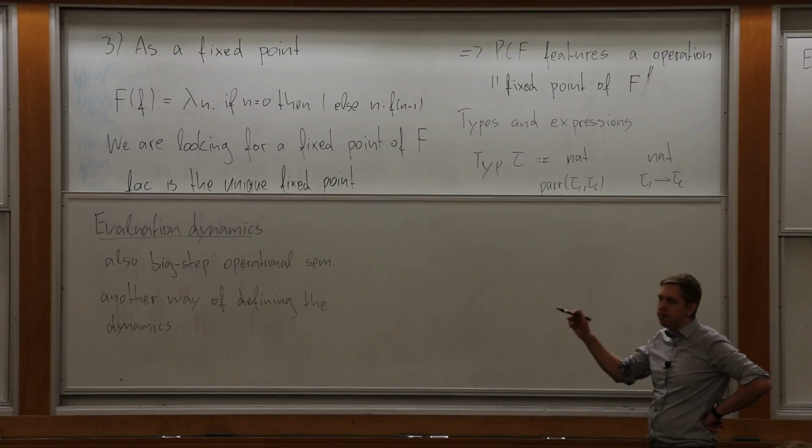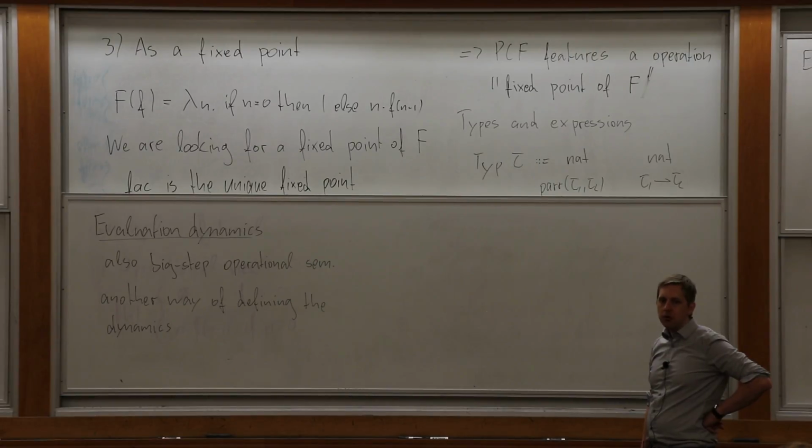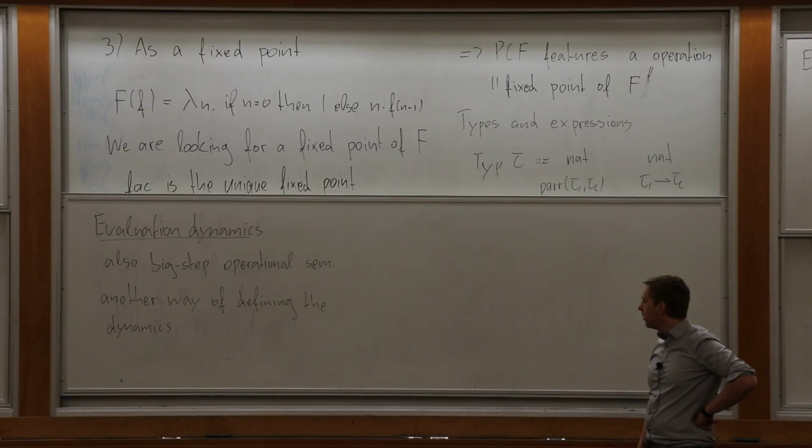For instance, type safety. It's much better to work with structural dynamics to prove type safety than with an evaluation dynamics. It will make it much harder to formulate what type safety is and how to prove it. And I can explain why in a sec after you've seen it.